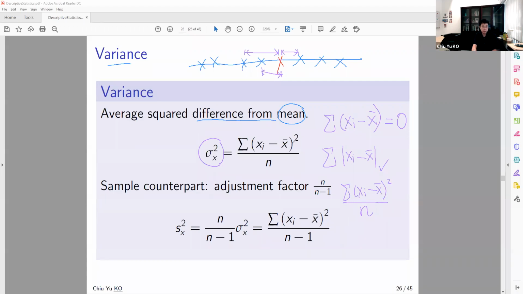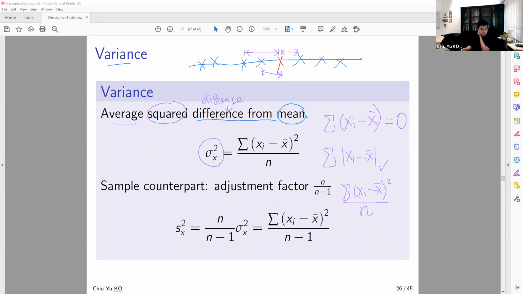So every observation has a squared difference, always positive, and then divided by n. Because you add all up over n, it's the average distance from the mean. But of course, you square, so it's the average squared difference, or we call it distance. The same thing here because we have a mean, okay?